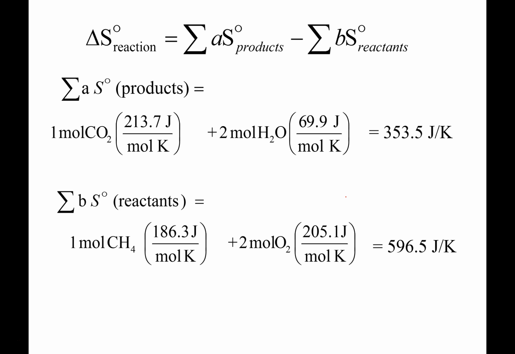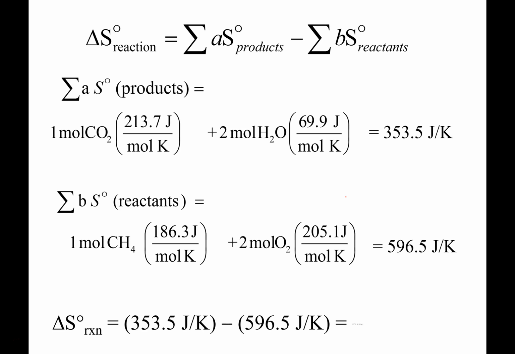So we're going to take the first number and from that subtract the second number. So it's looking like a negative delta S, isn't it? So the delta S of the reaction, it's products minus reactants. So we got 353.5 minus 596.5, and the units would be joules per Kelvin.